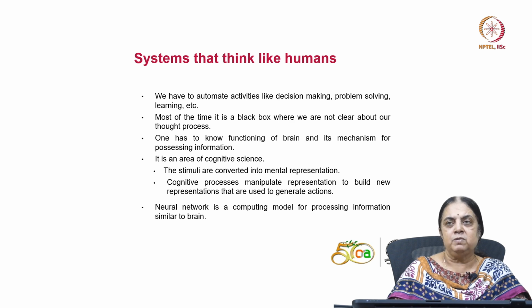So when the human being perceives something, he does things like making decisions, carrying out problem solving, learning, etc. So all these things have to be automated and seen that the computer is able to do these things.